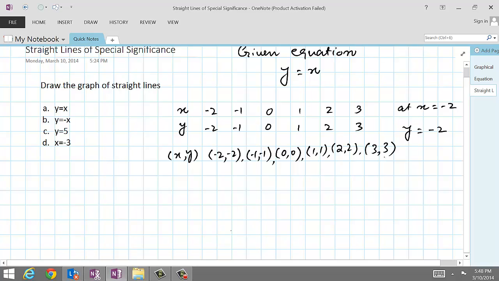If we draw these ordered pairs on graph paper, let's see what kind of graph we get.